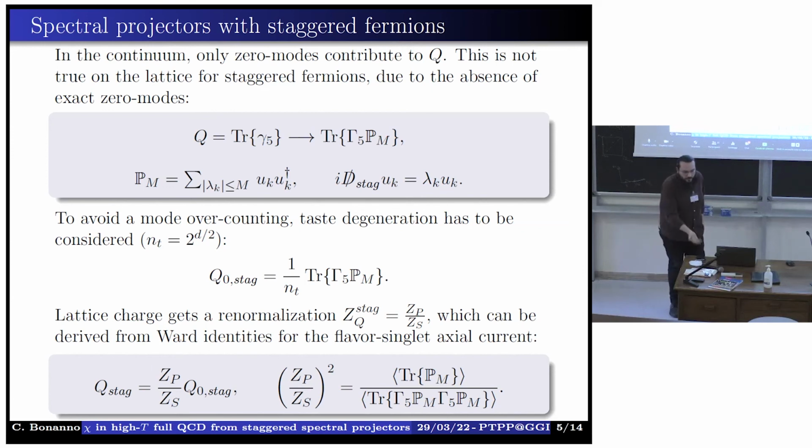If you want, it is like adding a Heaviside function in your definition of Q. So you are just leaving away all the modes higher than M, which, if M is chosen as I explained, are expected to be just the contribution of non-chiral modes, which must vanish in the continuum limit. I hope I answered your question.